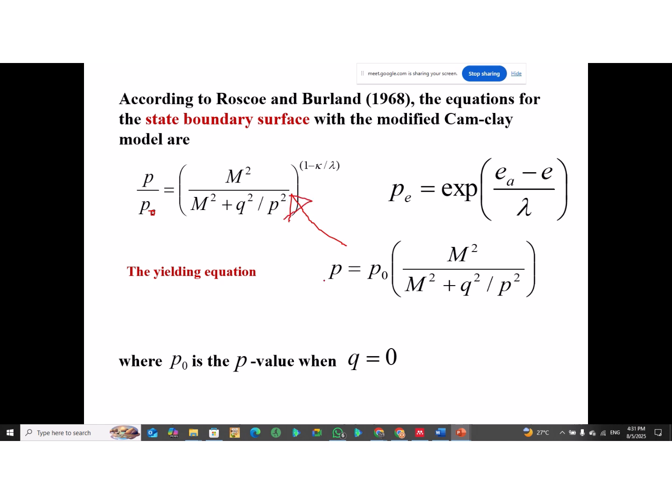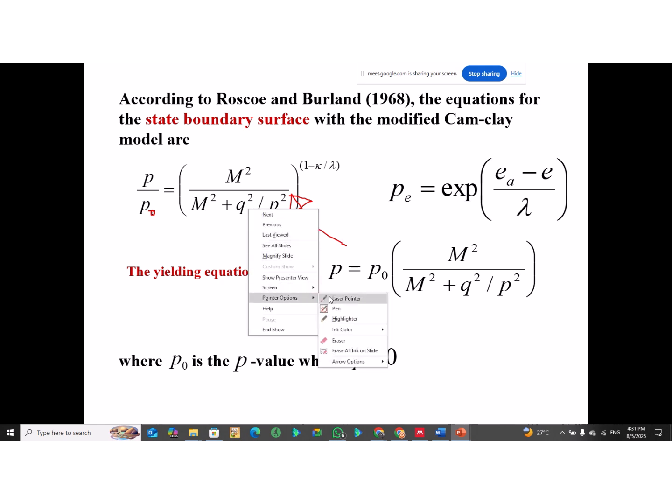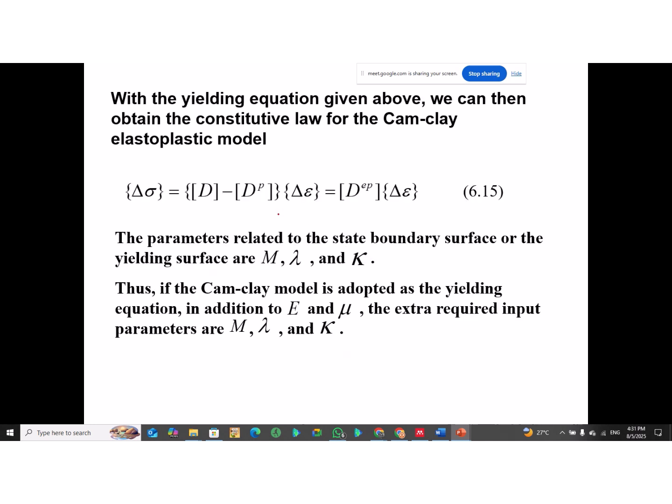Can you see that? And remember that P naught is the P value when Q naught equals 0, okay? So with the yielding equation given above, we can then obtain the constitutive law for the Chemclay elastoplastic model.